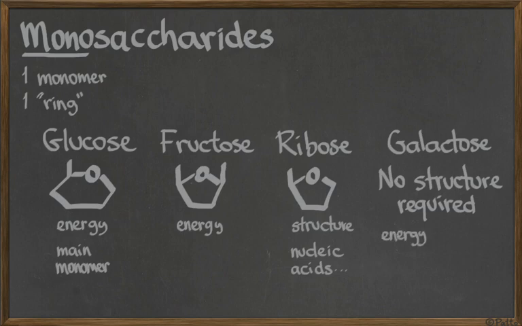But galactose is used for energy because it's the milk monosaccharide that makes lactose, the sugar in milk. Okay, so those 4 monosaccharides, it's important for you to know what they do, where you find them, and those 3 on the left are important for you to know the structure. You should be able to identify them or to draw them.